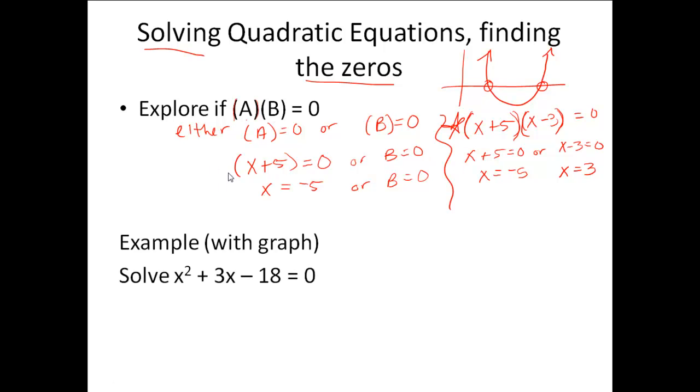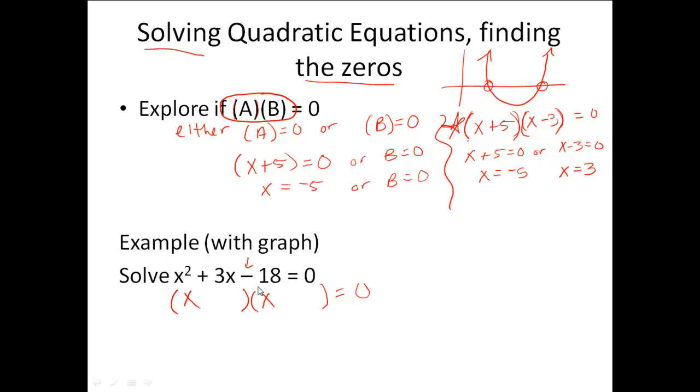So here's going to be our example, and I'll show you the graph of this in just a moment. First thing I would need to do is get it to this setup where I have a quantity times another quantity equal to 0. So basically it's telling me to factor it. I can't pull any common terms out. It doesn't look like it follows a special pattern. So I just have to try to regular factor it.